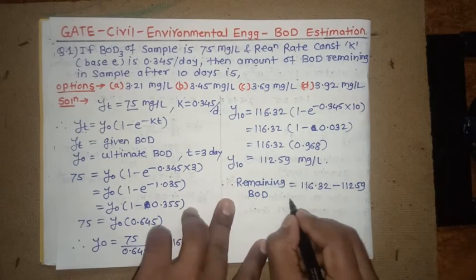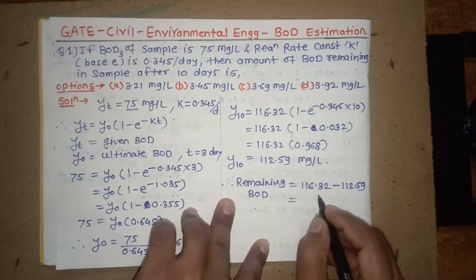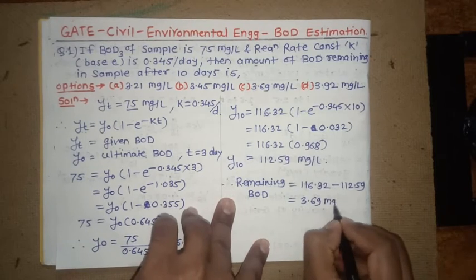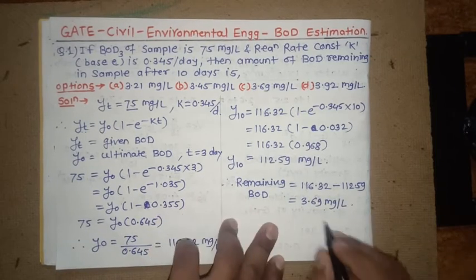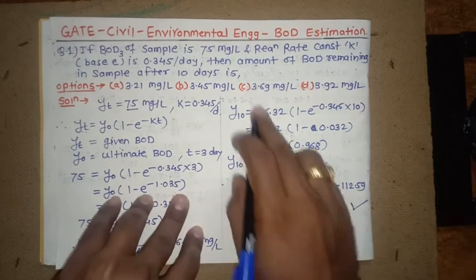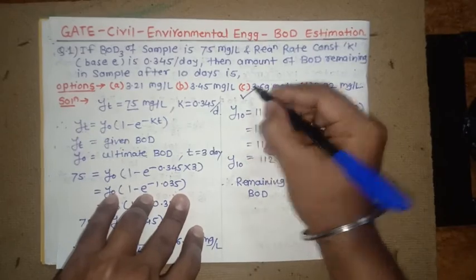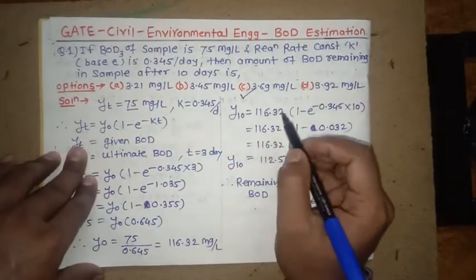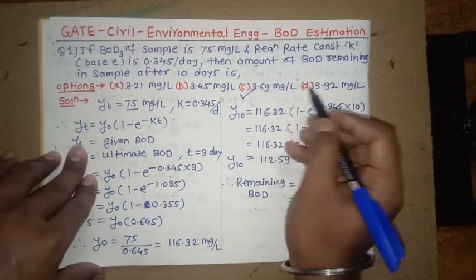So it comes to about 3.69 mg per liter. So this is the remaining BOD after 10 days, and it is nothing but our option C. So the solution for this question is option C, that is 3.69 mg per liter.